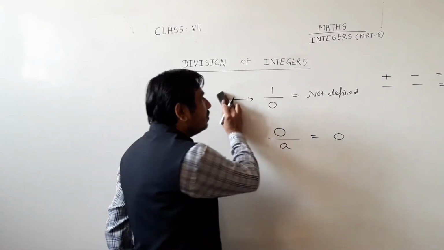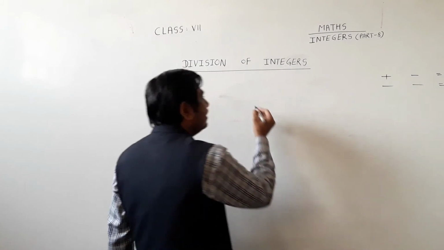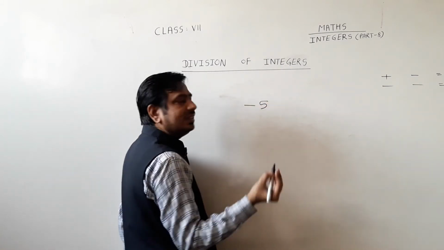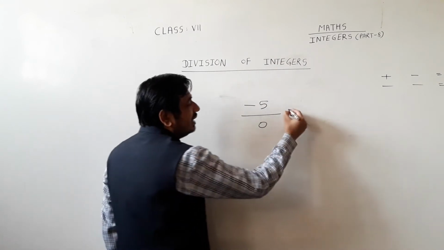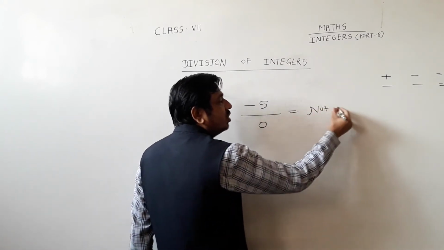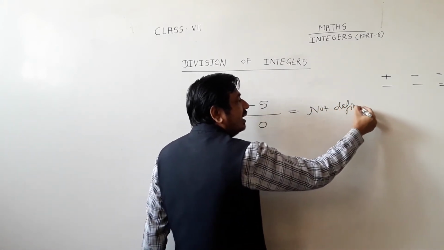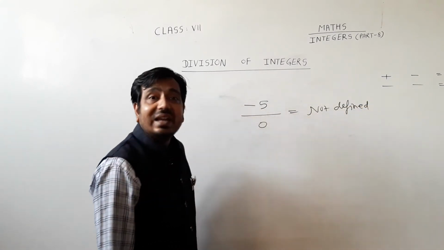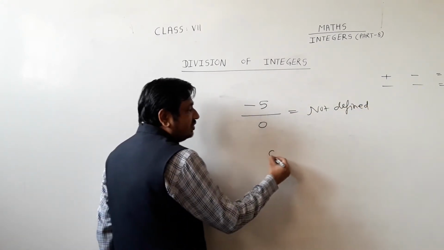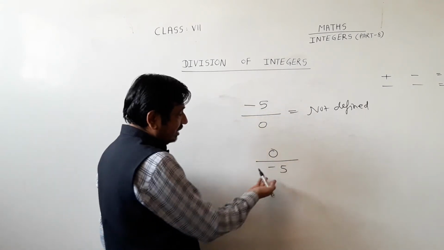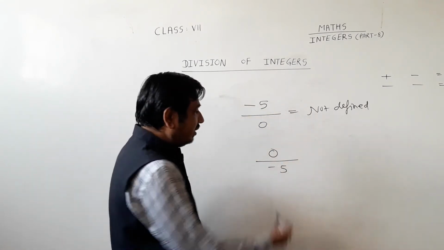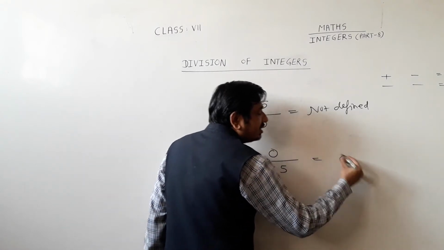Okay class. Suppose the question says divide minus 5, an integer, by 0. Since it is divided by 0, the answer is not defined. Whereas if 0 is divided by minus 5, 0 is an integer and minus 5 is also an integer. Now it is division, and the answer is always 0.